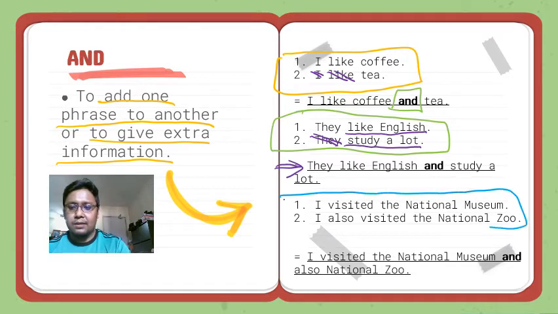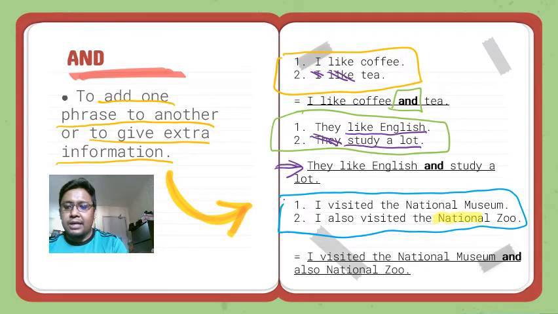I visited the National Museum. I also visited the National Zoo. I visited the National Museum and also National Zoo. For this one, let me highlight this. The word national here cannot be omitted even though we have two nationals here, because it doesn't refer to the same place.